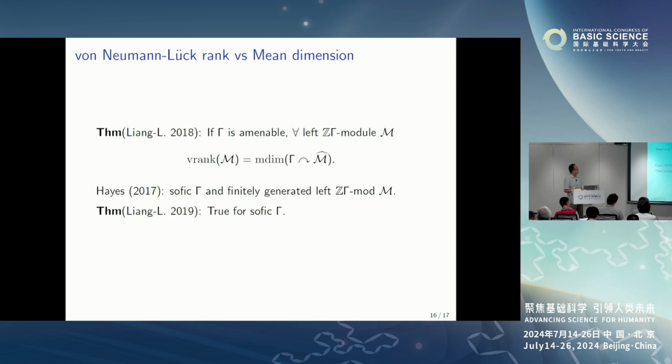Then Ben Hayes later showed this for surface groups, for modules satisfying some special conditions, like finitely generated ones. Then with Liang, we also showed that this actually holds in generality for surface groups.